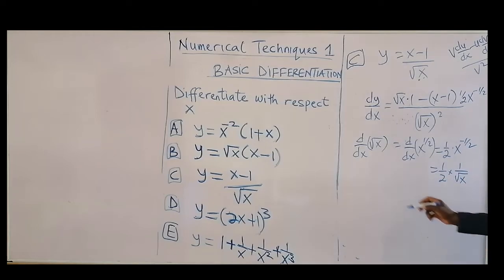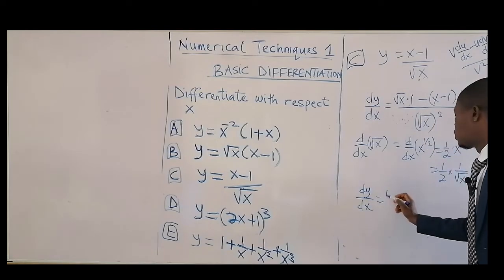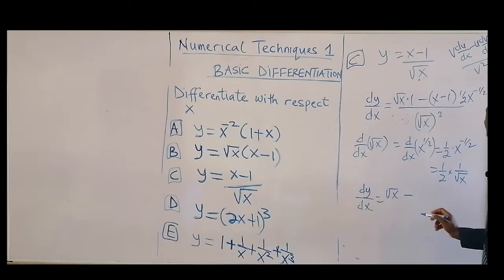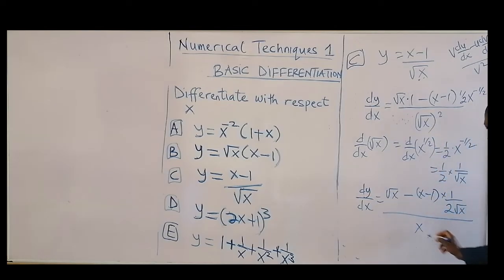So we now have dy/dx equal to root x minus (x minus 1) times 1 over 2 root x, all over, if you square this, the radical will go, so we have that.